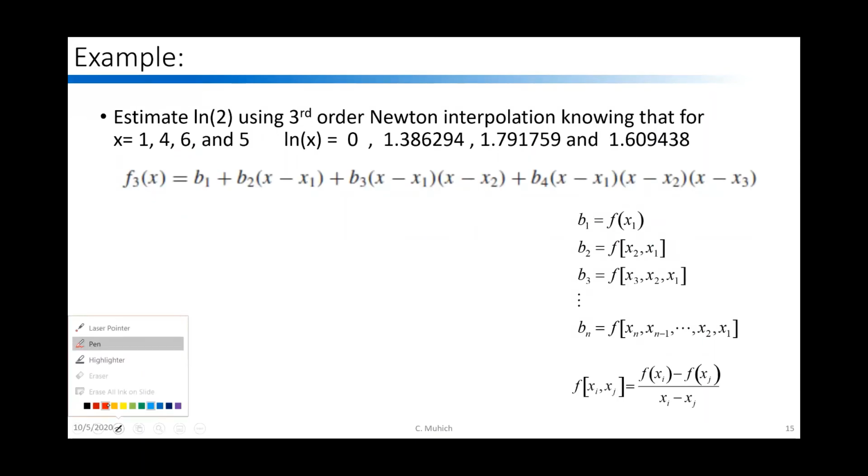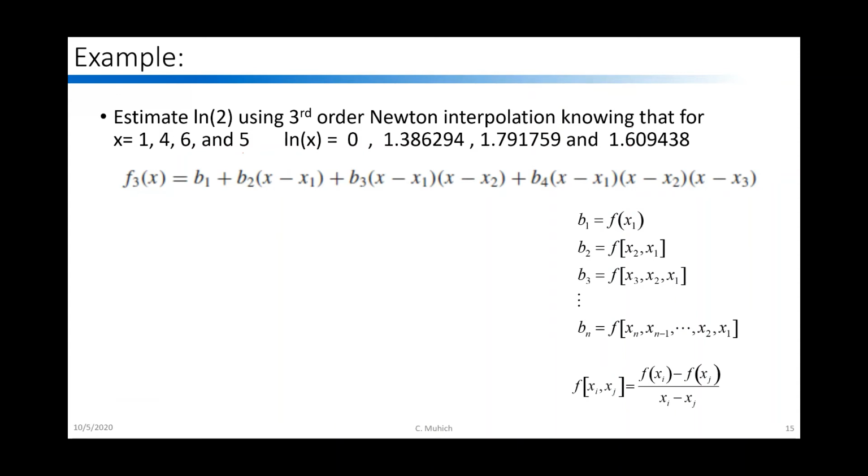Let's do an example. Let's consider that we're looking to calculate the natural log of 2 using third order Newtonian interpolation. Given the fact that at x equals 1, 4, 6, and 5, the natural log of x equals 0, 1.38, 1.79, and 1.60.